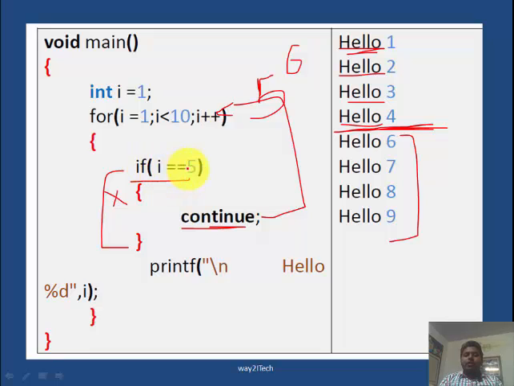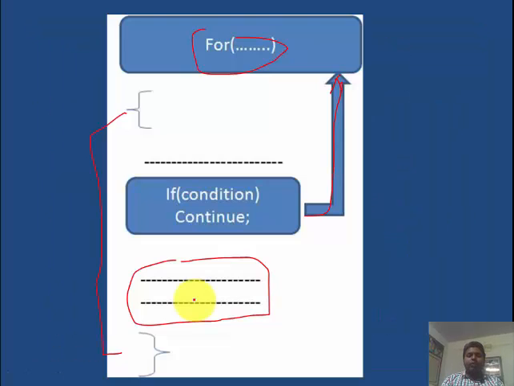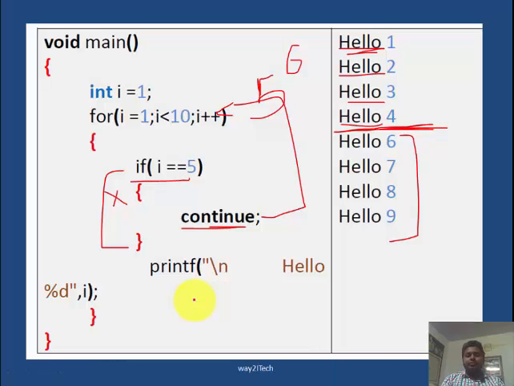If 6 equal to 5, no, this print statement will execute, print 6, similarly print 7, print 8 and print 9. So that's why we are not getting hello 5 in the output, because when i is 5 continue will execute. That's why we are skipping that pass, and hello 5 will not be printed. Write the program and execute the program, and you will understand this program.